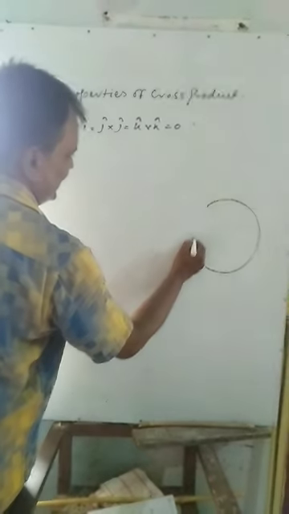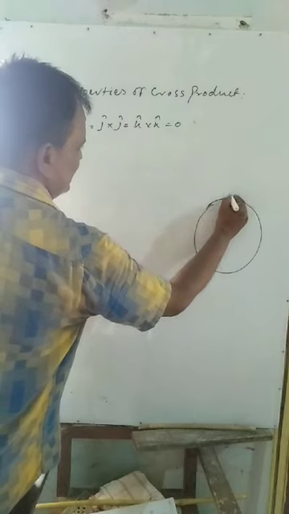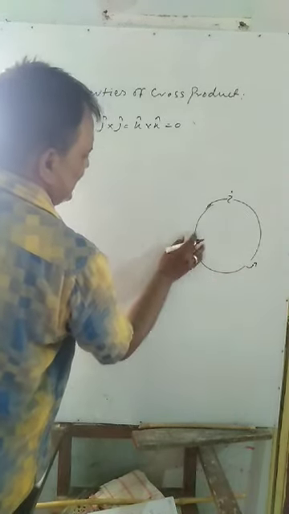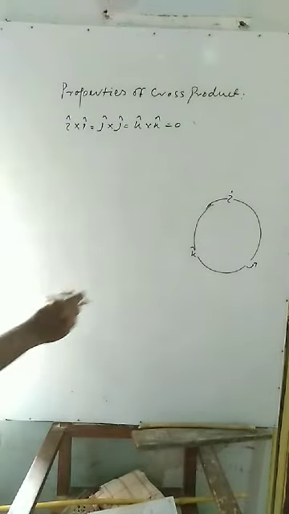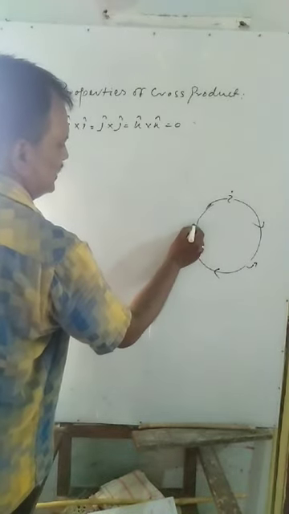But look at what happens here. i cap, j cap, k cap are in a cyclic order. Suppose this is i cap, this is j cap, and this is k cap. These three unit vectors move in this direction, the forward direction.